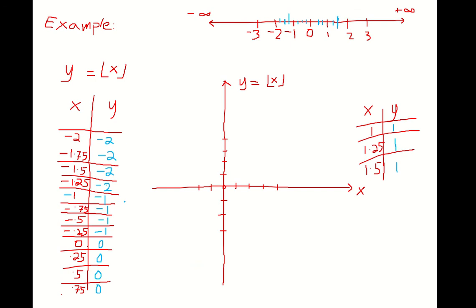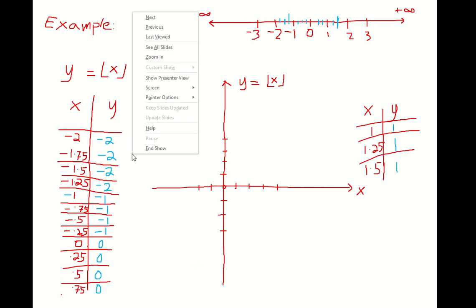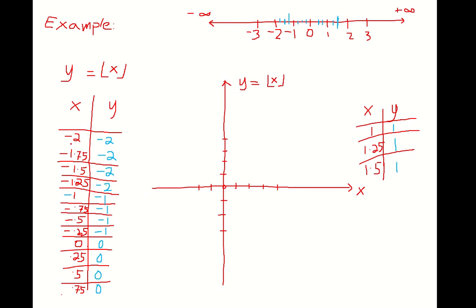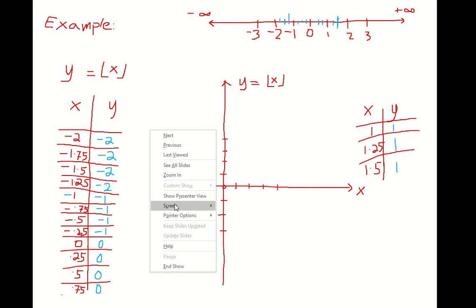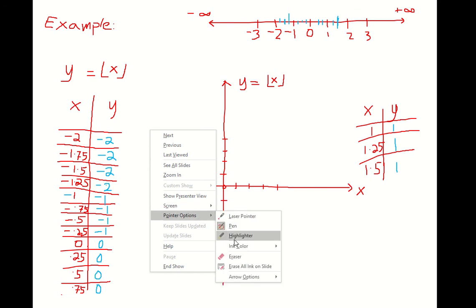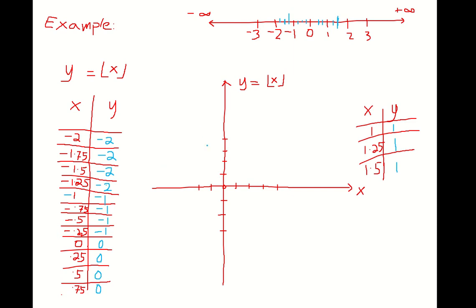So x is negative 2, so negative 1, negative 2, and y is negative 2 also. So you go down twice, 1, 2. So the point is here.